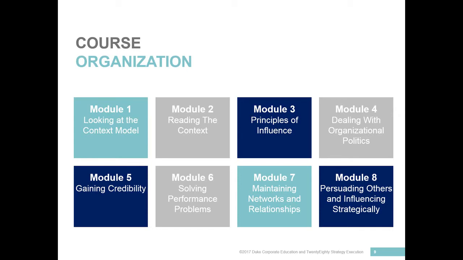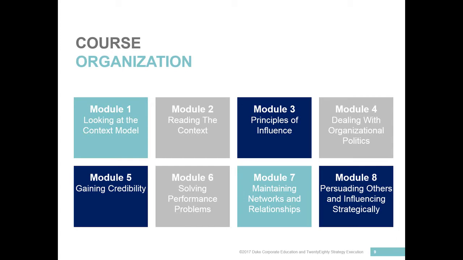In module 1, they'll be taking a look at that model, and in module 2, they will be applying the model to different contexts. Modules 3, 4, and 5 deal with being influential, where module 3 teaches the principles of influence. Module 4 is dealing with organizational politics, and module 5 is about gaining credibility.